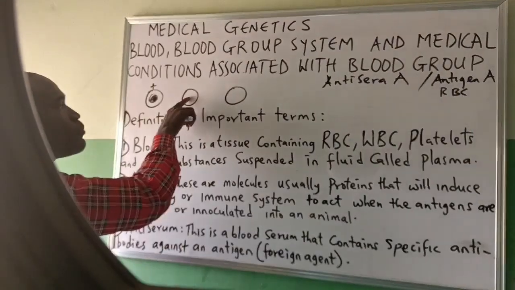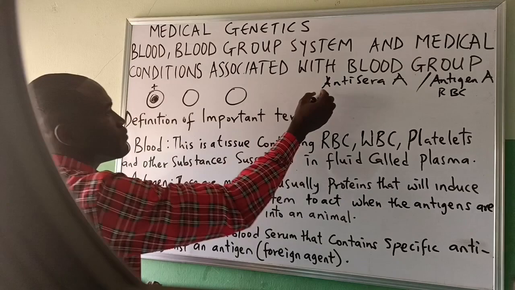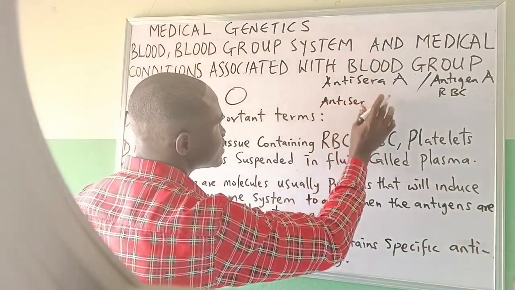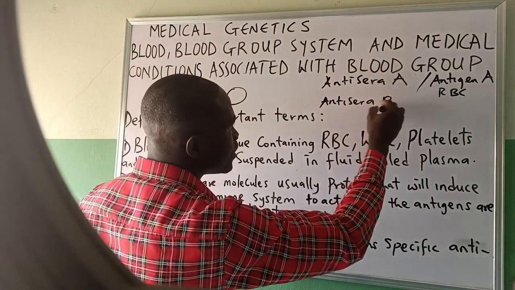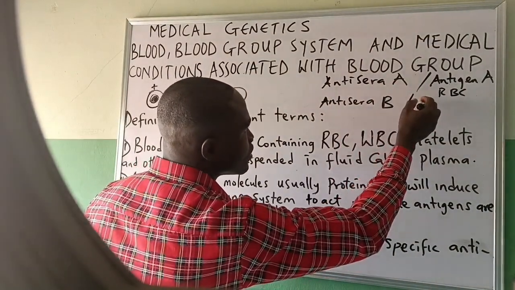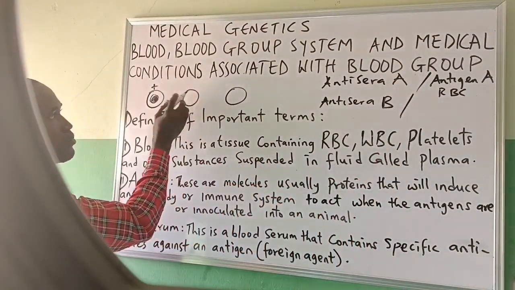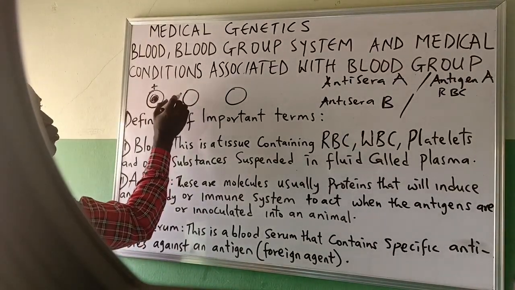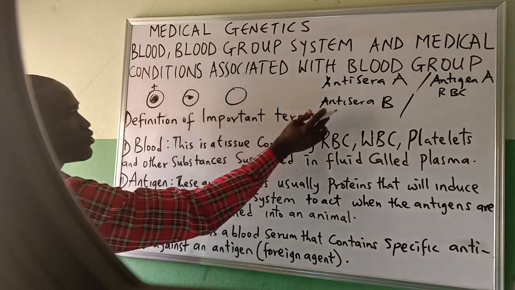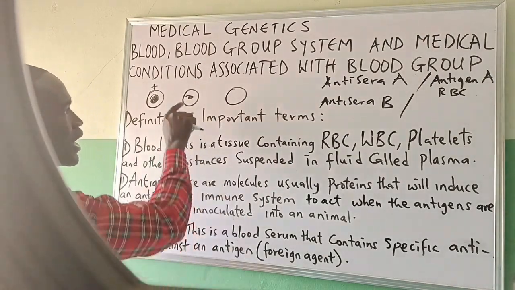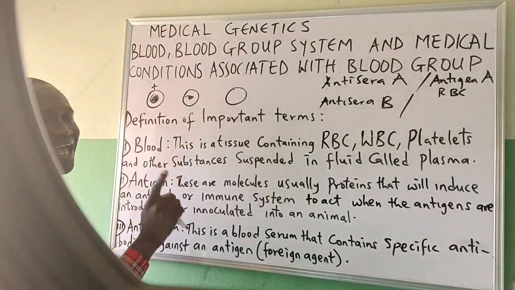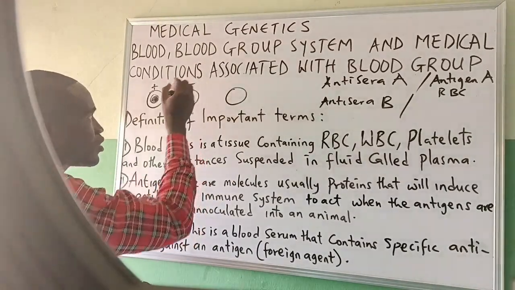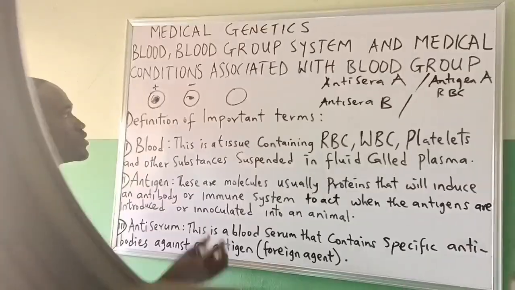Then when you also put antiserum B here, you put antiserum B, and after putting the antiserum B you carry your blood and drop it here, and there is no clumping, no reaction, no agglutination, put negative.